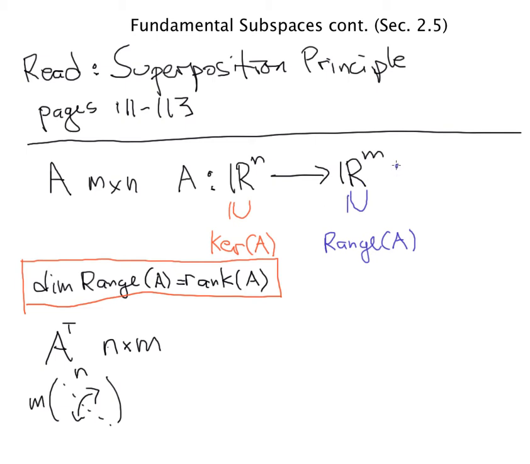That is to say, the transpose is a map in this direction. And now you can play the same game about the kernel and the range of the transpose. So you can look at the kernel of the transpose, which is now on this side, whereas the range of the transpose is on this side.